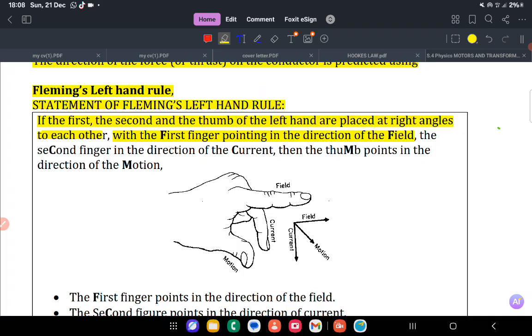This is your first finger, by the way. It's the one that is close to the thumb. That's the first finger.